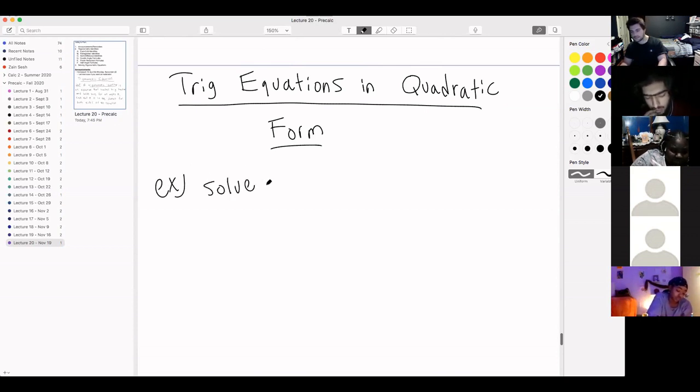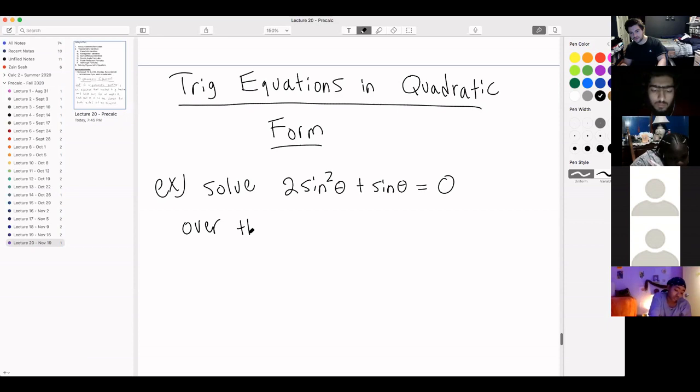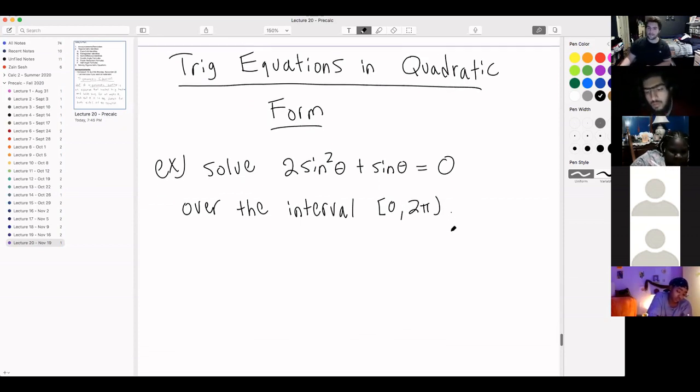Solve 2 sine squared theta plus sine theta equals 0 over the interval 0 comma 2 pi.